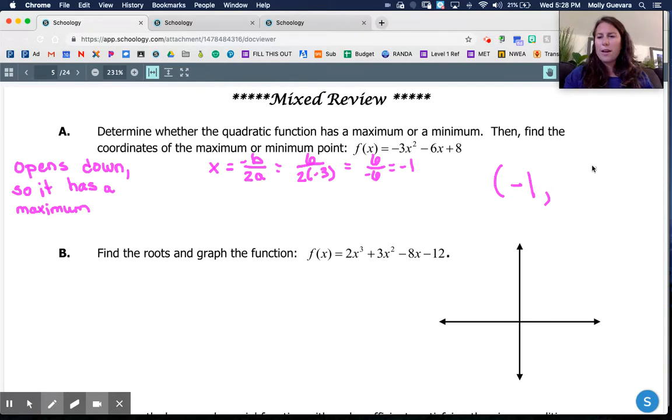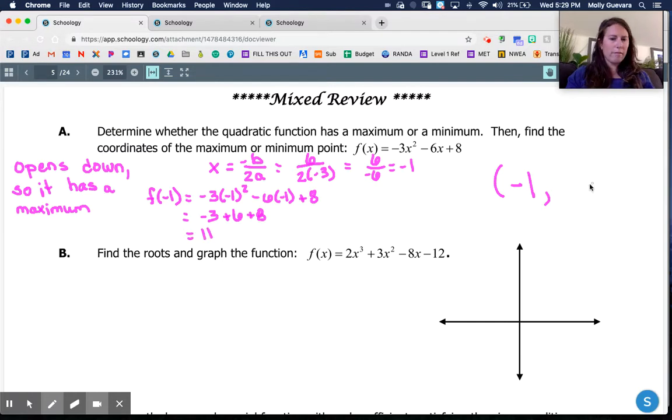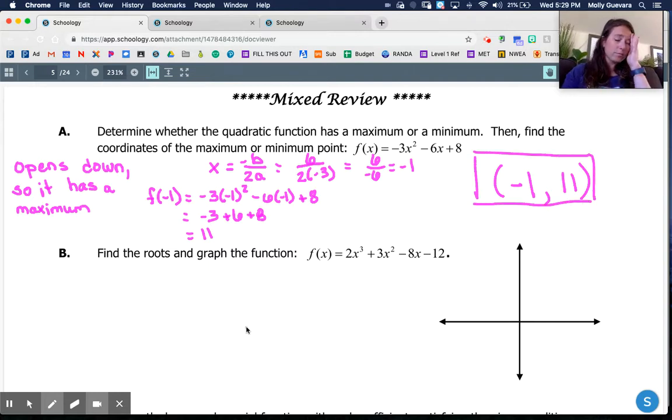Now to find the y-coordinate, I plug in f of negative 1. So I have negative 3 times negative 1 squared minus 6 times negative 1 plus 8. Negative 1 squared is 1, so this stays negative 3. Negative 6 times negative 1 is positive 6, plus 8, and we should get 11. So the vertex, or the maximum, is at the point negative 1, 11. Hopefully we feel good.